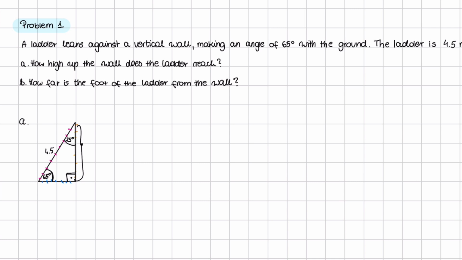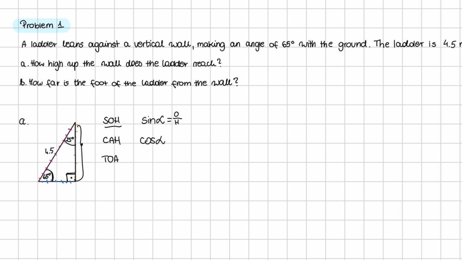We can calculate it by using, for example, the sine rule, or we can also use SOH, CAH, TOA. So the first one is: sine of an angle alpha equals opposite over hypotenuse.